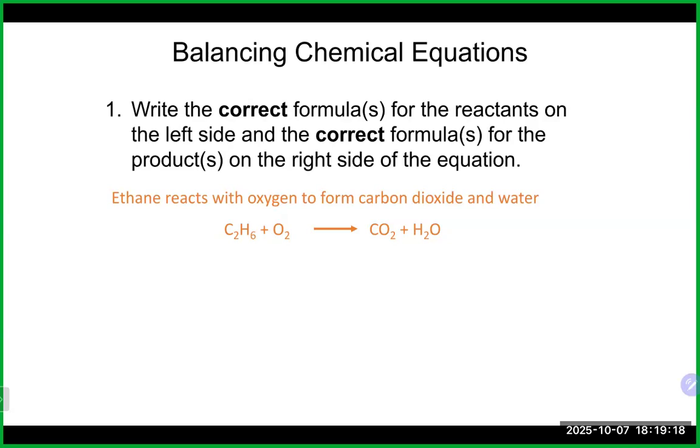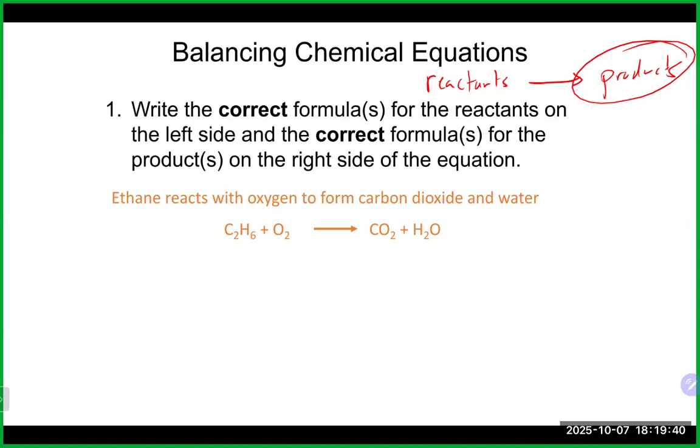And that is usually a problem for a lot of people, especially if they have the reactants and they need to predict the products. If they don't really have what's on the product side, a lot of times they try to write the formula and balance the equation at the same time, and they end up with incorrect formulas and the thing will never balance. So you want to always do it in that order.